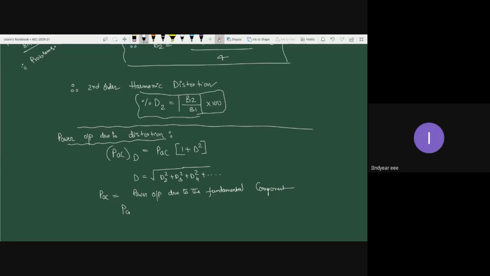That can be written as Im square by 2, or Vm square divided by 2RL. So this is PAC. So power output due to distortion is equal to power output without distortion into 1 plus D square. So that's the formula, and you can logically remember it. The fundamental power you need to multiply with the distortion factor.